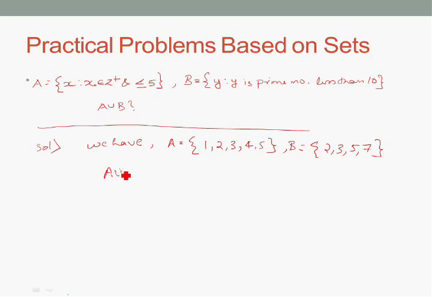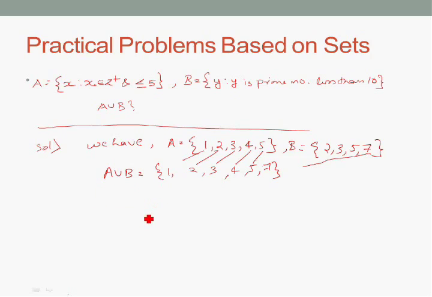Now A union B equals the set of 1, 2, 3, 4, 5 and 7. Here we shall not consider repetition, so I have already written 1, 2, 3 and 4 here, and I need not write them again. So this is A union B.